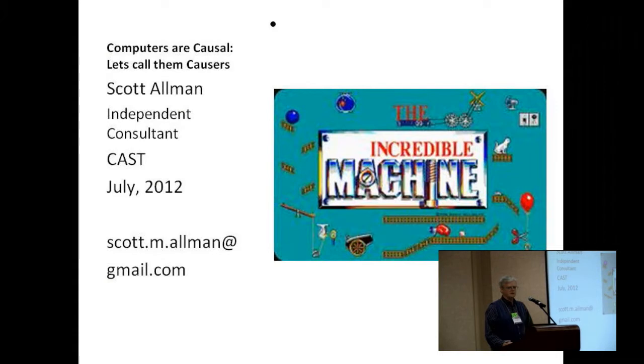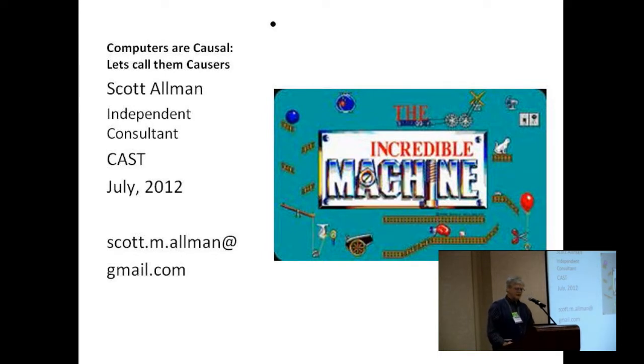And one way to take advantage of the changes is to try and look at the behavior of software from a causal perspective. The picture that you're looking at on the screen is from a game that my children had, where there was a puzzle, and you used simple understanding of causality to solve it. Look at the bottom, you'll see a cannon.